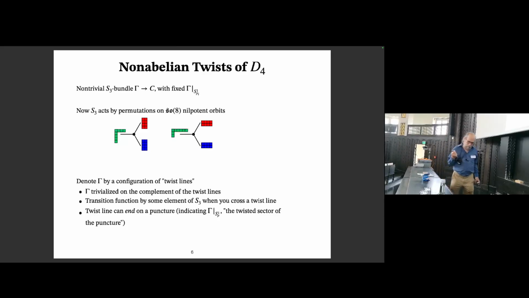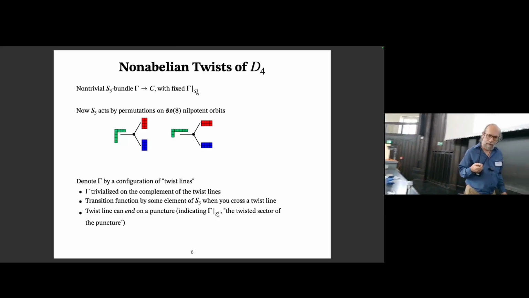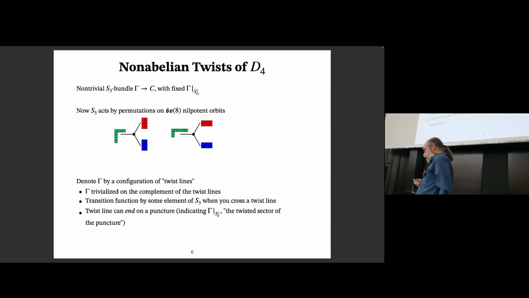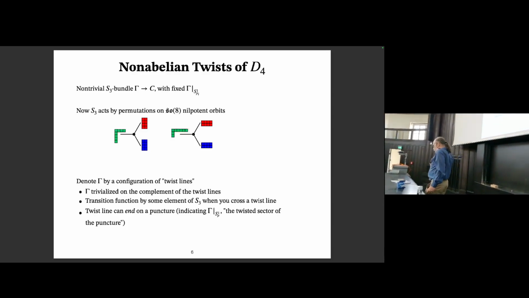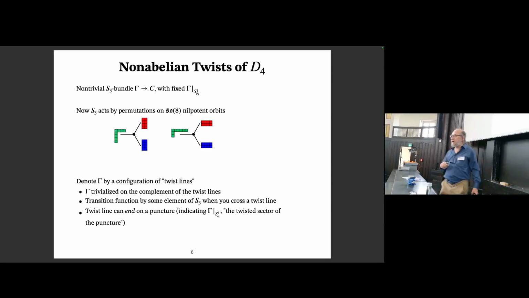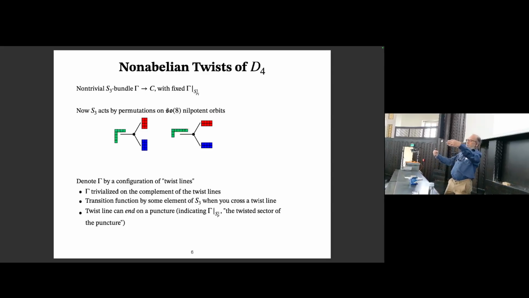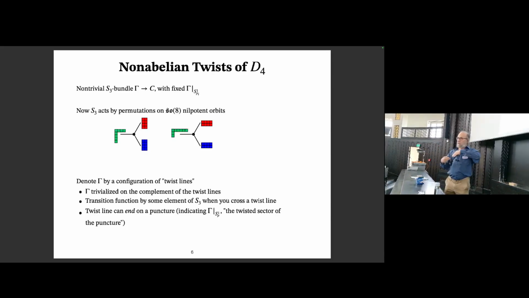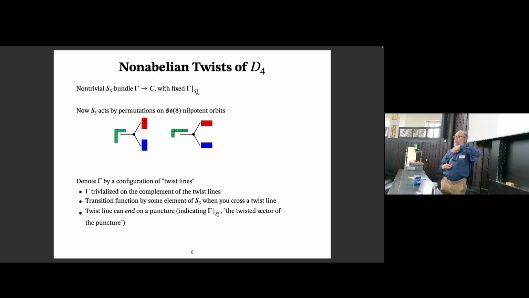And to denote gamma bundles, the S3 bundles on the punctured Riemann surface, I'm going to rely on this formalism of twist lines. So the idea is, on the complement of these twist lines, you can trivialize the bundle, but when you cross a twist line, there's a transition function, some element of S3.